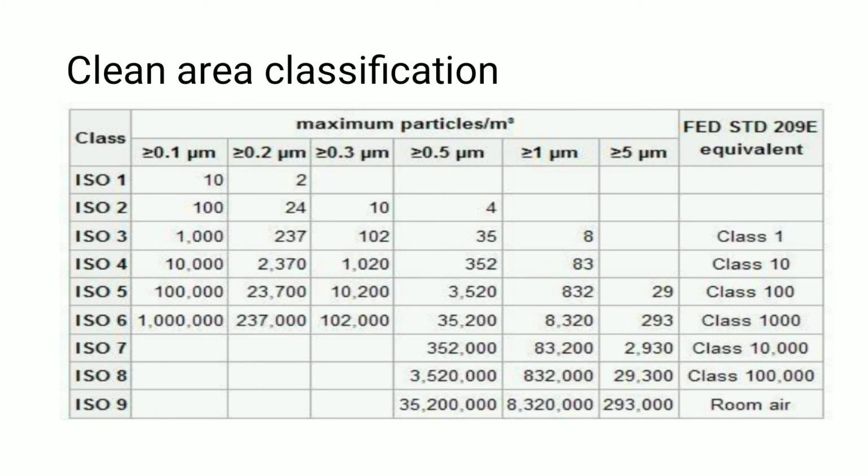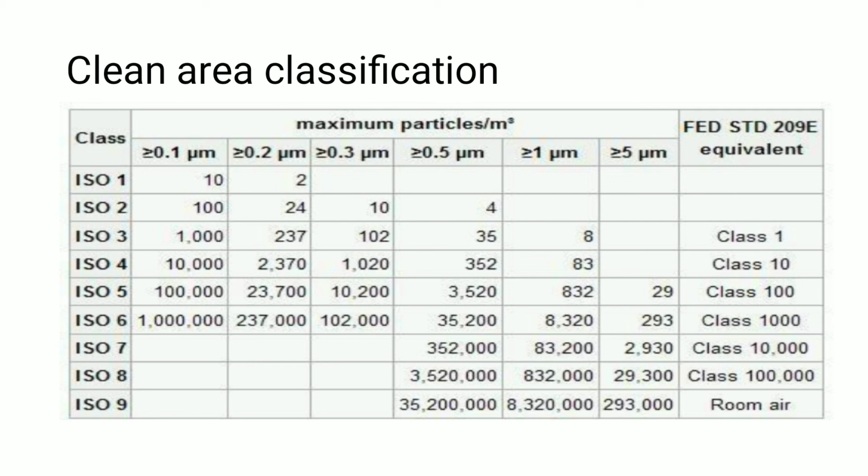Similarly for 0.2 micrometer or less: 224, 237, 2370, 23700, 237,000. Likewise you can find the values for 0.3, 0.5, 1 micrometer and 5 micrometer.